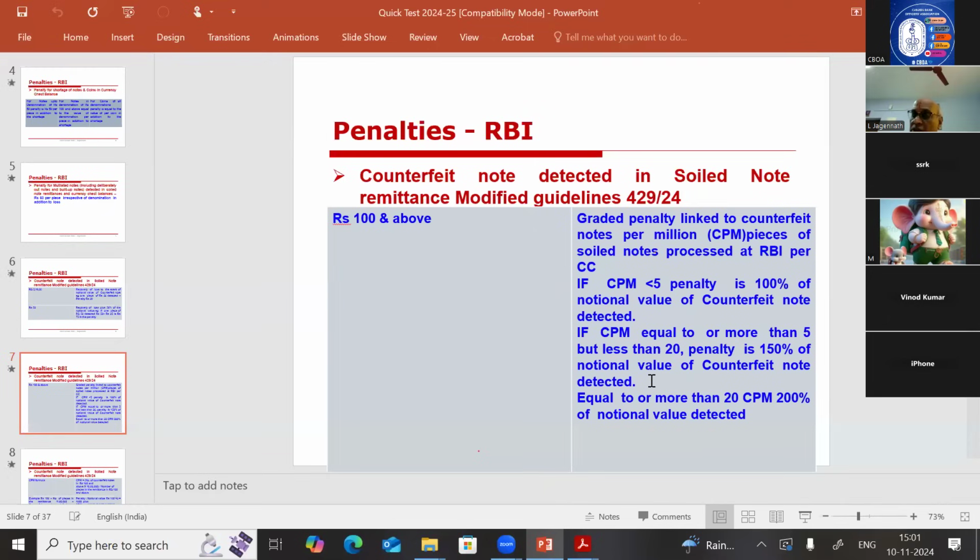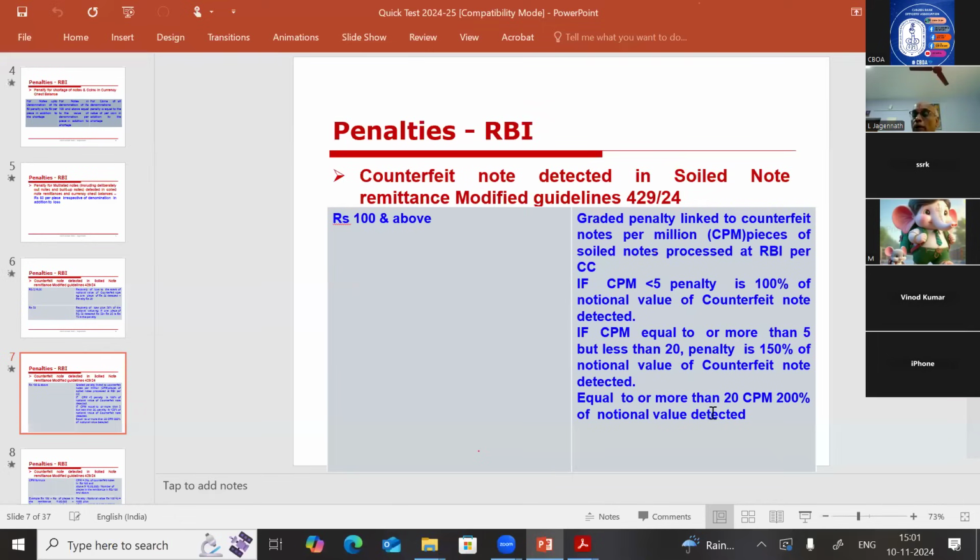When we calculated the CPM, it comes to more than 5, less than 20. So 150% of the notional value, 600 rupees, is your penalty. You have to give that to RBI as the penalty.